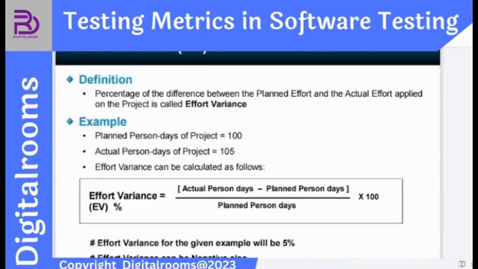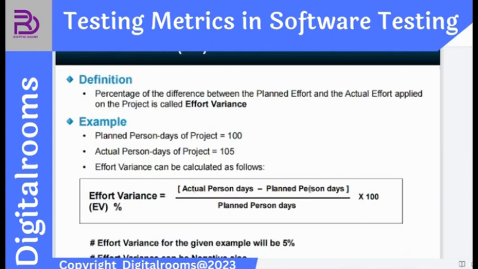complete that project. Actual person days of the project means, if 3 people are working on the same project 8 hours per day and they will be working for the next 10 days, then that will be the actual person days of the project. Effort variance can be calculated as follows. How? The formula will be actual person days minus planned person days.